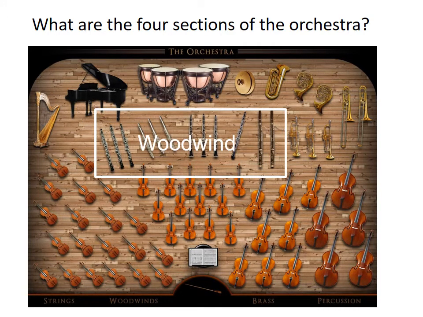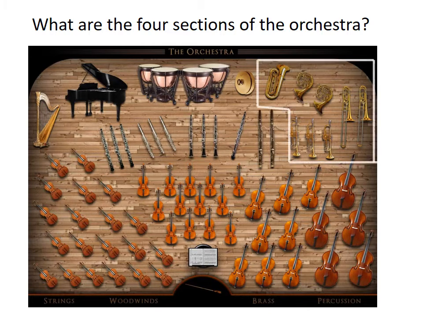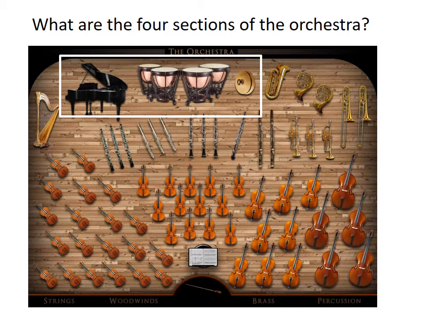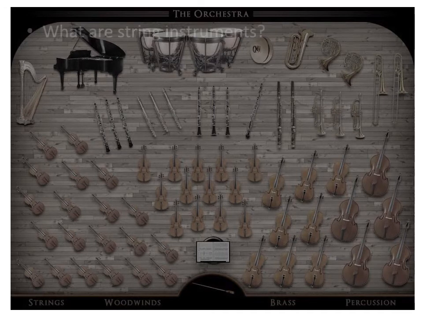You'll see most of these instruments are dark, made out of wood with silver pieces on them. Behind them, and often to the right, is our brass section. You'll see all these instruments look golden and quite brassy. Back on the left side, we have the percussion instruments. We're going to talk about each section individually, and we'll start with the string section.